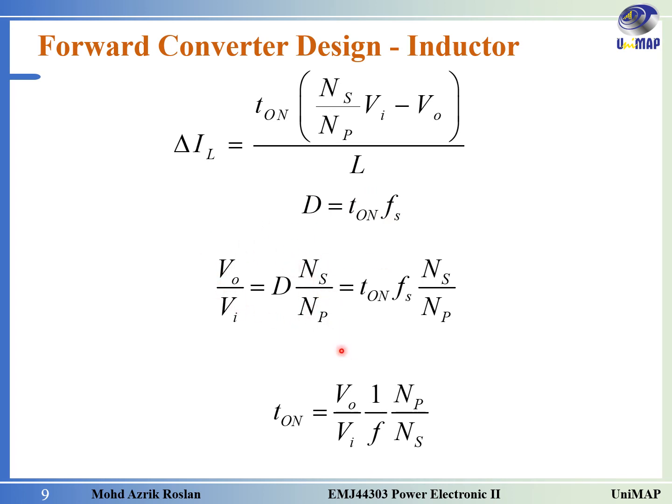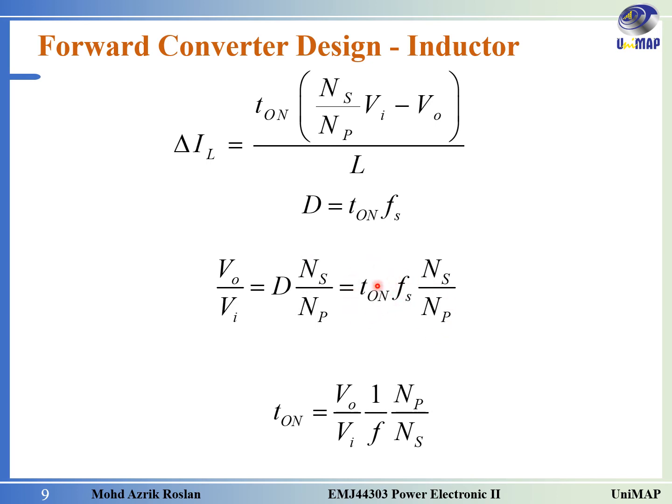So D equals T on Fs, multiplied by Ns over Np. For this calculation, we don't have to include the margin factor. Remember the margin factor we input during the design of the transformer. For the inductor design, we don't have to input it.